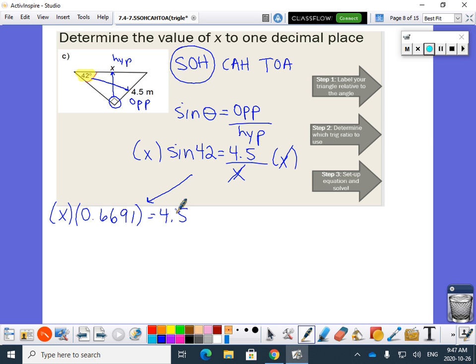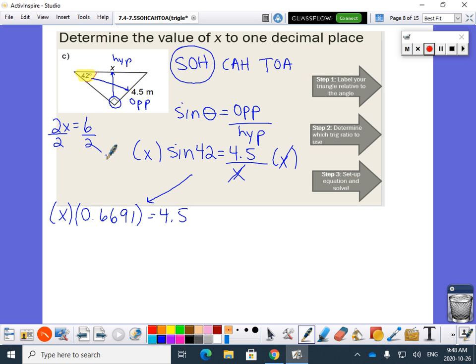Remember over here, we got rid of our x's, so really it looks like that. But I went this way and I dealt with the sine 42 and put it into a decimal. You don't have to. I'm going to do the other way over there. Okay? So, in order to get x by itself, what do I need to do to this side? Don't let this confuse you. If I gave you 2x and I said I want x by itself, what would you tell me to do? Divide by 2. And if I divide this side by 2, then I have to divide that side by 2.